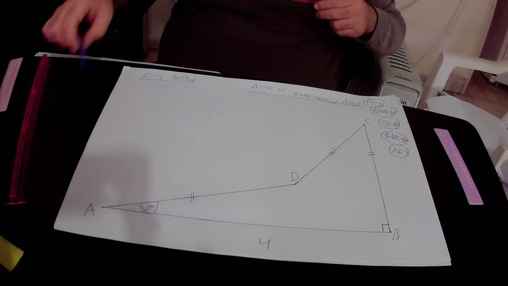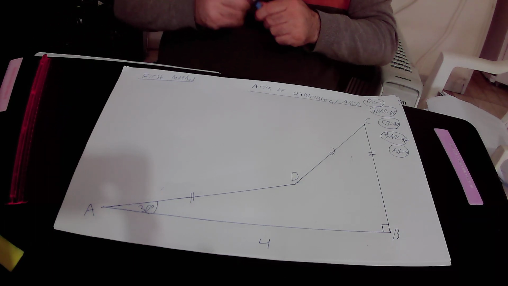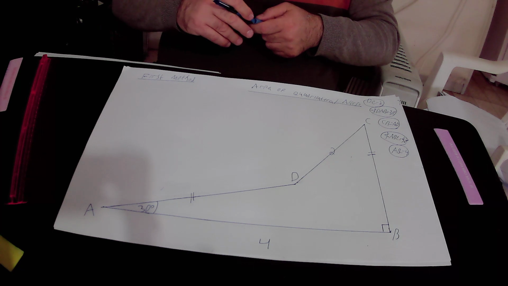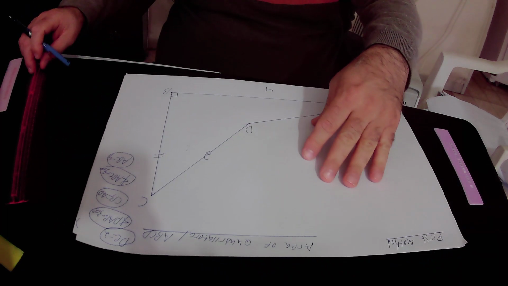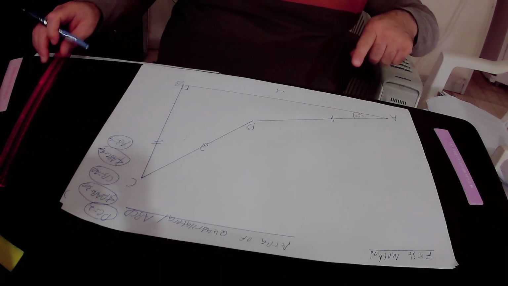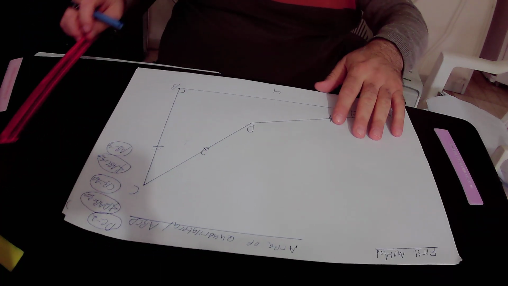In the first method, we will do a construction from point D. We will draw a perpendicular to side AB.